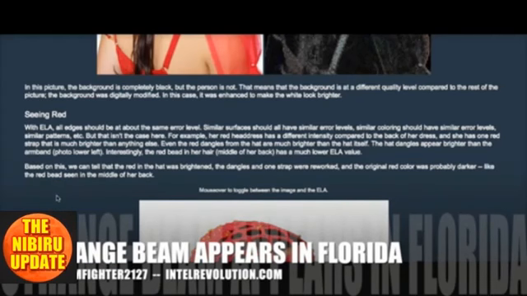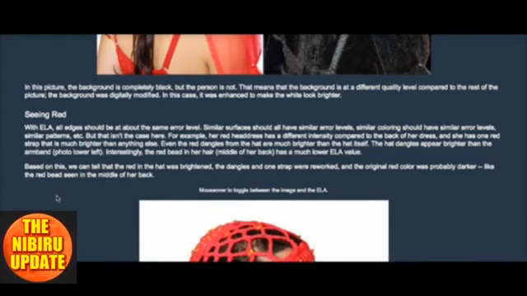For example, her red headdress has a different intensity compared to the back of her dress, and she has one red strap that is much brighter than anything else. Even the red dangles from the hat are much brighter than the hat itself. The hat dangles appear brighter than the armband, the photo lower left. And interestingly, the red bead in her hair, middle of her back, has a much lower ELA value.